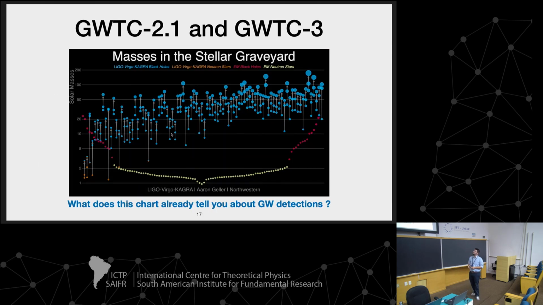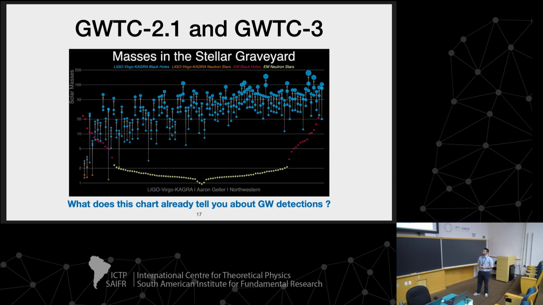Okay, this is instead the complete catalog that we have so far. We will probably have another GWTC, GWTC-4, after the 4th observing run. This collects events up to the 3rd observing run.